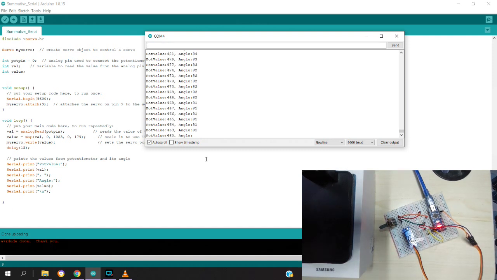For an 80-degree angle, we have a potentiometer value of around 458 to 459. And the servo motor is also positioned at an 80-degree angle. Let's try 100 degrees.